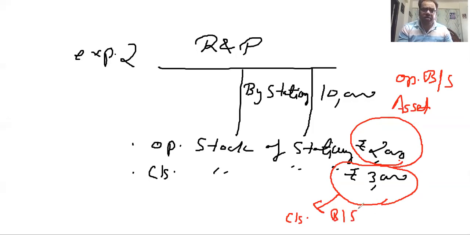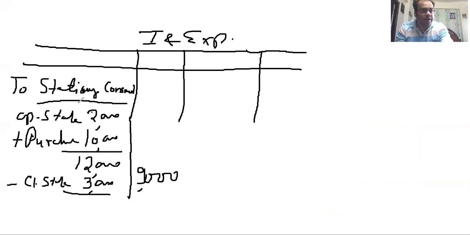So what is the total treatment of this information? Under receipt and payment, the club has made a payment of 10,000, meaning purchase during the year 10,000, and opening stock and closing stock was also maintained. So what was the treatment? First of all, in income and expenditure, what did we do? We wrote 'To stationery consumed': opening stock 2,000 plus purchases during the year, how much did we purchase, 10,000. So the total comes to 12,000, but since there is a closing stock of rupees 3,000, finally debit to income and expenditure rupees 9,000.